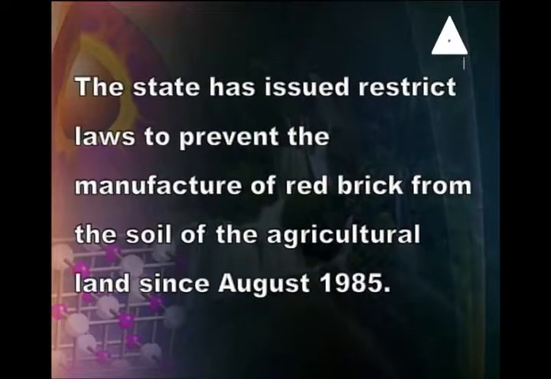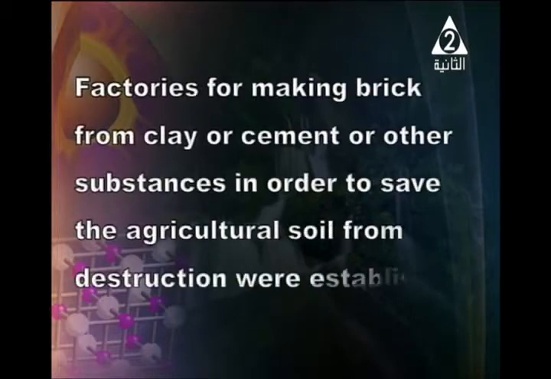The state has issued strict laws to prevent the manufacture of red brick from the soil of agricultural land since August 1985. So factories for making brick from clay, cement or other substances were established in order to save the agricultural soil from destruction.